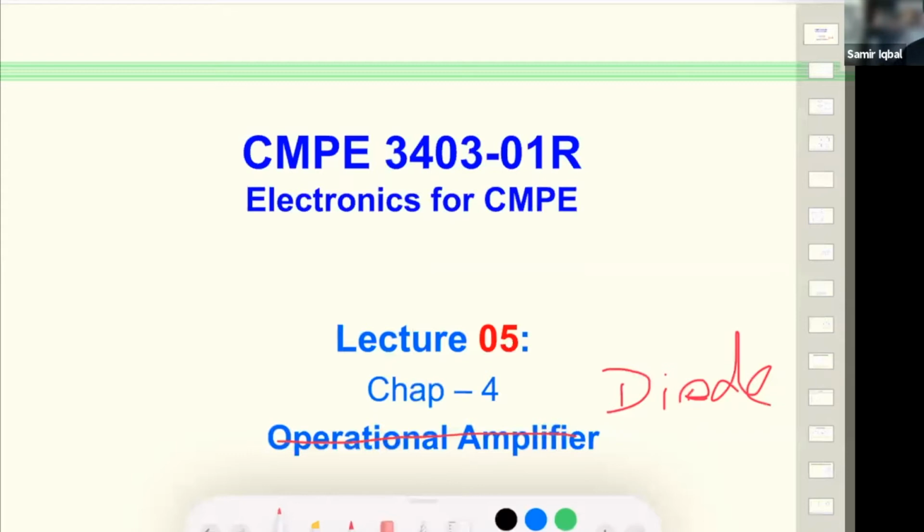So these are nonlinear functions. If you want to have 0 and 1, we define the ranges of what can be considered as 0 and what can be considered as 1. So that's where a device like a diode comes in, which is a nonlinear device, which has a nonlinear behavior.